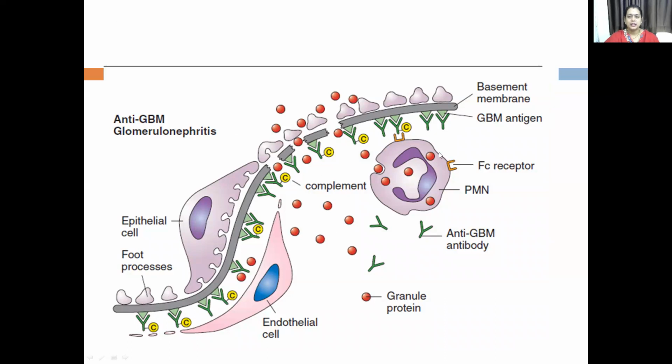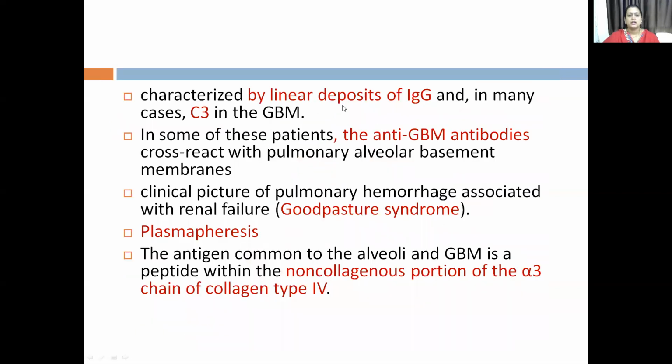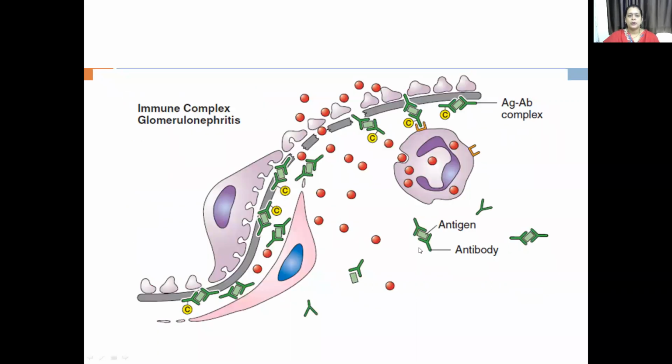You can see that there is recruitment of more neutrophils by activation of Fc receptor, and the complement is also activated here. So this type is either renal limited or Goodpasture's. They are characterized by this, and I have already told you the treatment is plasmapheresis. With this, the patients recover.